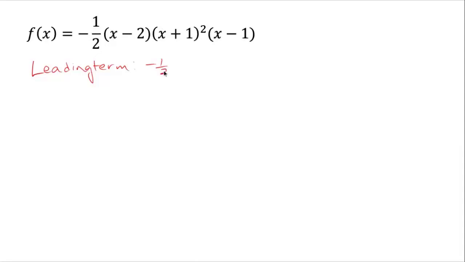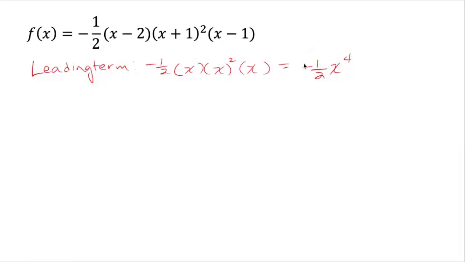So we would have -1/2 times x times x squared, because see that squared right there, times x. So the leading term of this, if we multiply the entire thing back together, would be -1/2 x to the 4th.